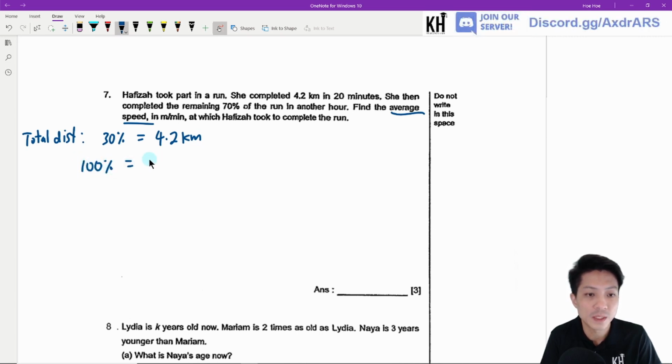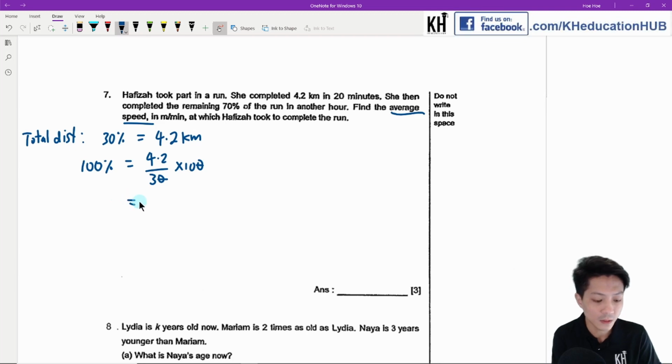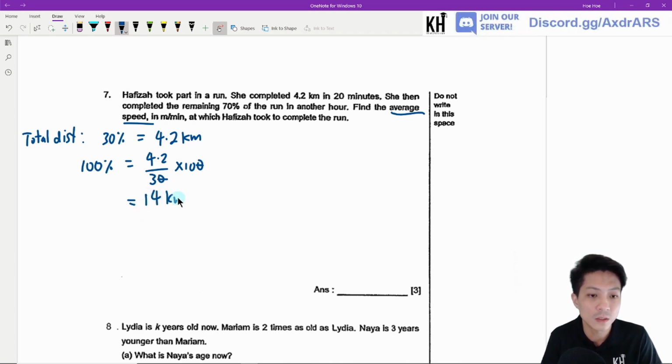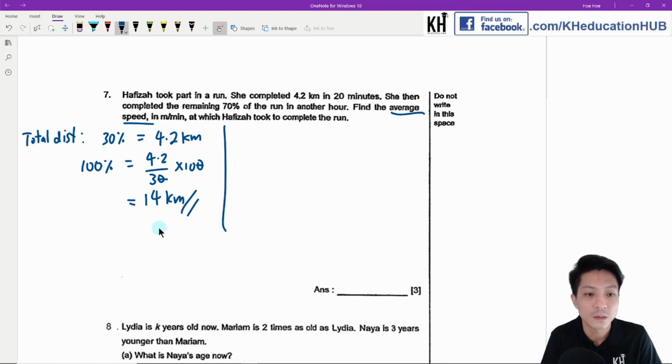Okay, I can find 100% by using 4.2 divided by 30 and then multiply by 100. Okay, 4.2 divided by 3 times 10, so 14 kilometer is the total. Okay, then next total time.